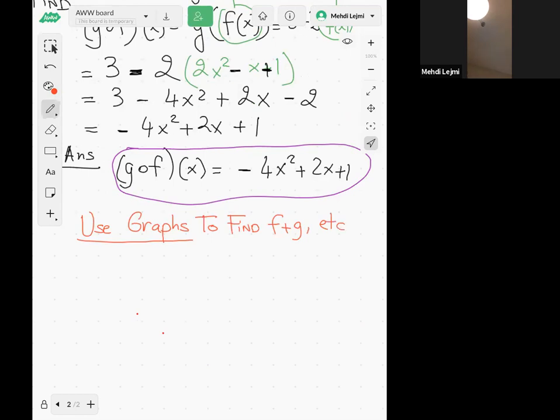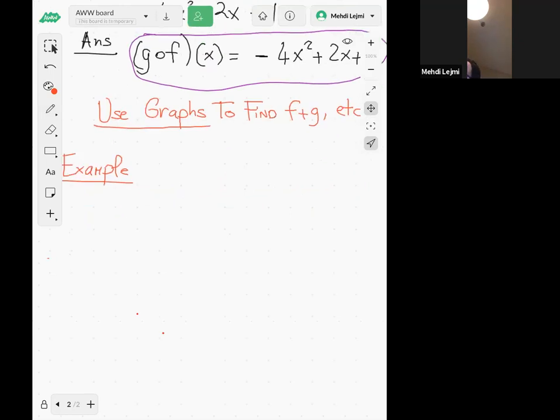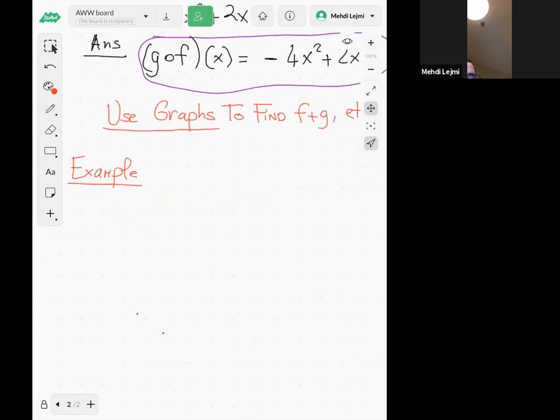Let me give you an example first. Let's say we have the graph of two different functions. Here I have my function f. This is 1, this is 2, this is -1, and this is -2.